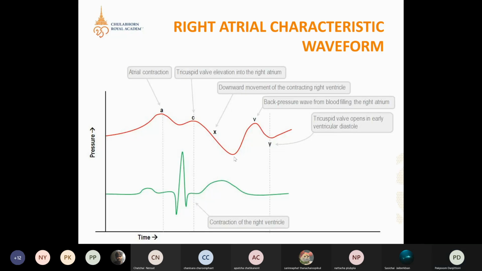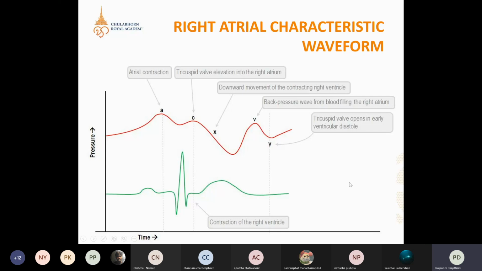pulmonary circulation. So after the ventricle pumps out the blood, at this phase all of the valves are closed, and this is the period of diastole.